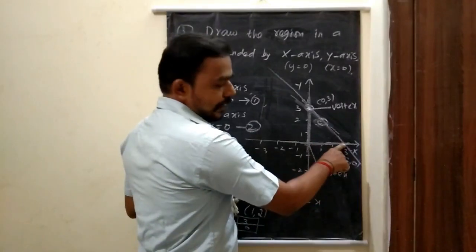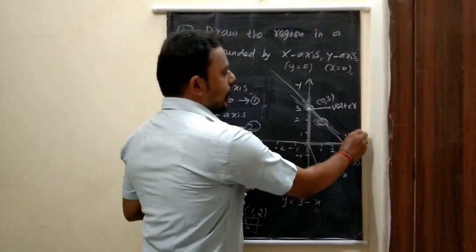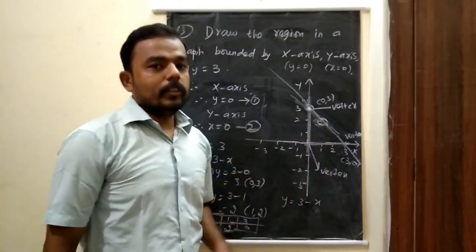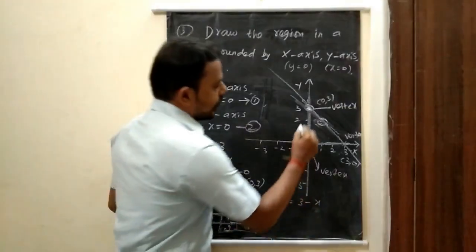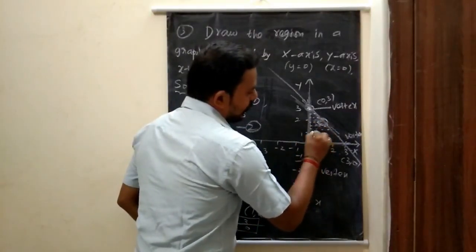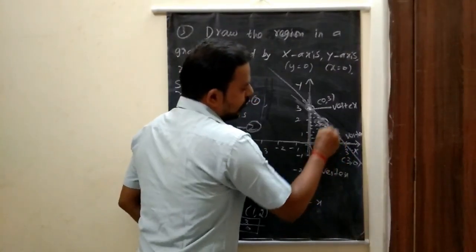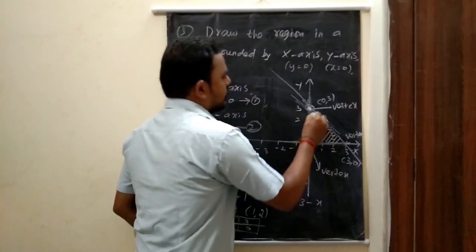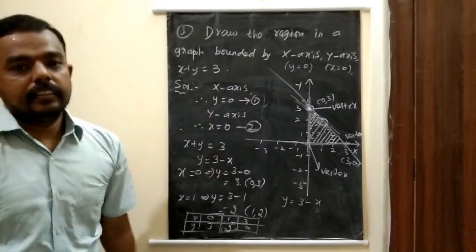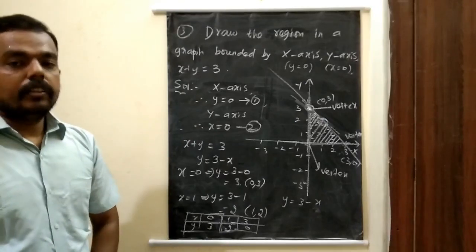Another line intersects the axis, this is another vertex. So it's bounded by 3 vertices, so it's bounded by 3 lines. So it's a triangle. Now set the region like that, using a dotted line or shading, and draw this. So this is the bounded region of these lines. This idea is needed to draw the particular graph. Thank you.